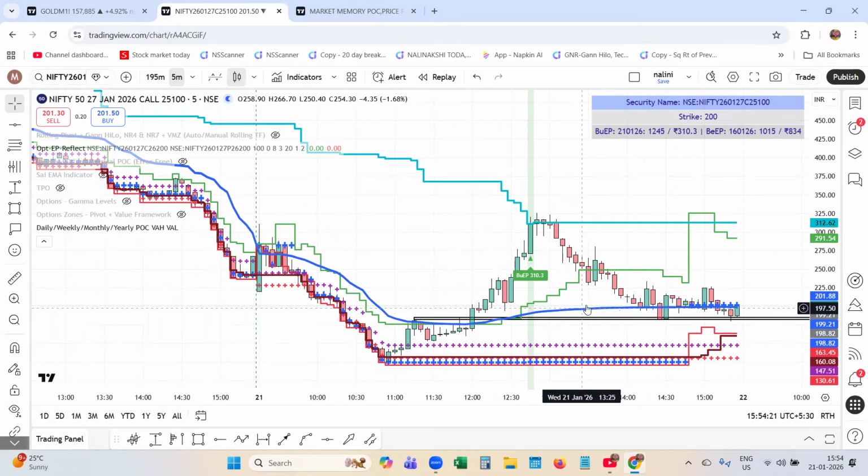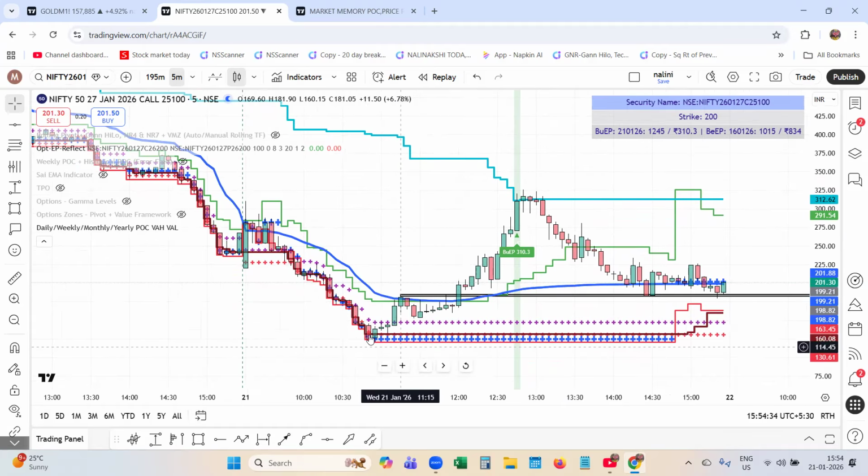Beautifully, this blue color line is the option zone line on the underlying, price climbing above the value area high of the daily POC, mimicking the underlying Nifty chart, getting rejected from these clusters. Cluster of POC from daily, monthly, weekly, this is monthly, this is daily. Once it started moving above the value area, that is an initiative buying from the big players.